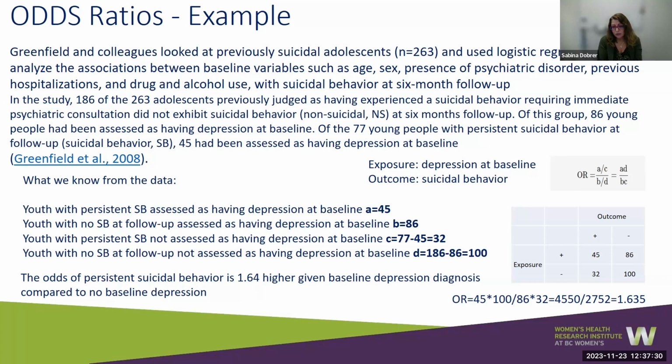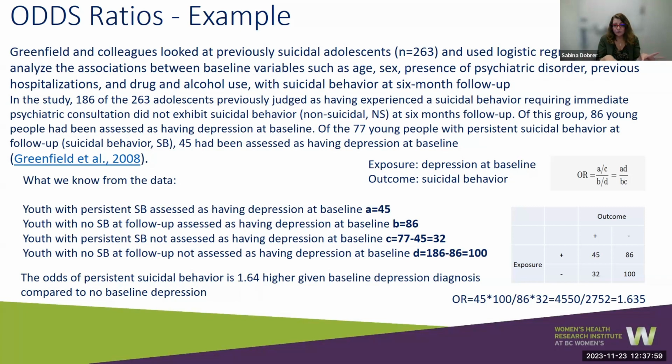And based on this, using the odds ratio formula, AD divided by BC, we can calculate the odds ratio for this specific example. And our conclusion from this calculation will be the odds of persistent suicidal behavior is 1.64 higher given baseline depression diagnosis compared to non-baseline depression.